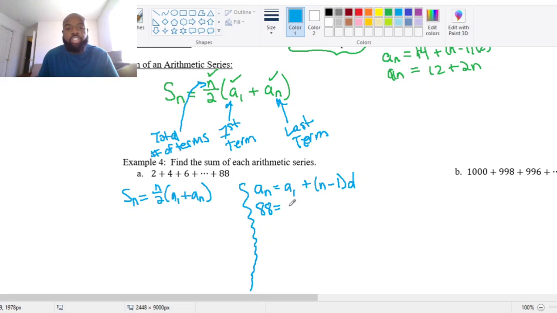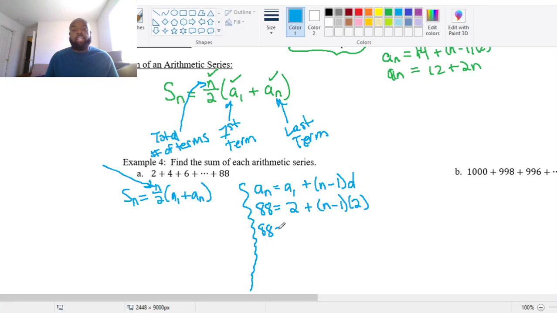Our first term is 2. We don't know n, but we do know our d here, right? It's the difference between each term. And so if I do 2, 4, 6, 8, 10, 12, my d here is 2. This gives me, using this equation here for the general term of an arithmetic sequence, an equation that just has n as our variable, which is what we need to find in order for us to find the sum in this formula here.